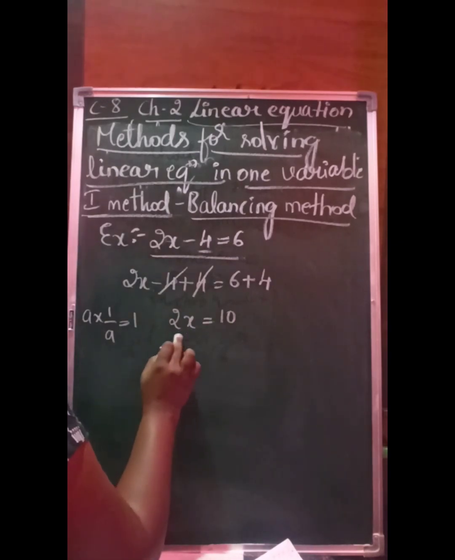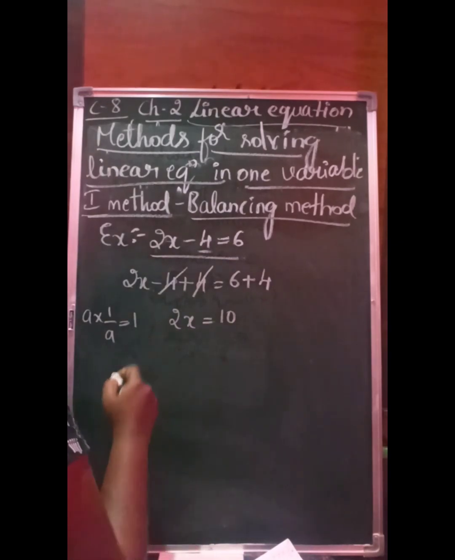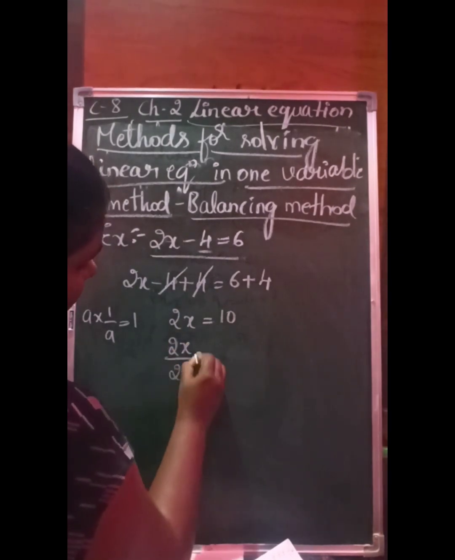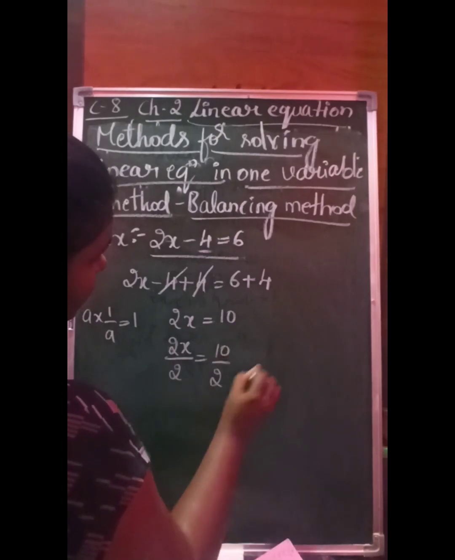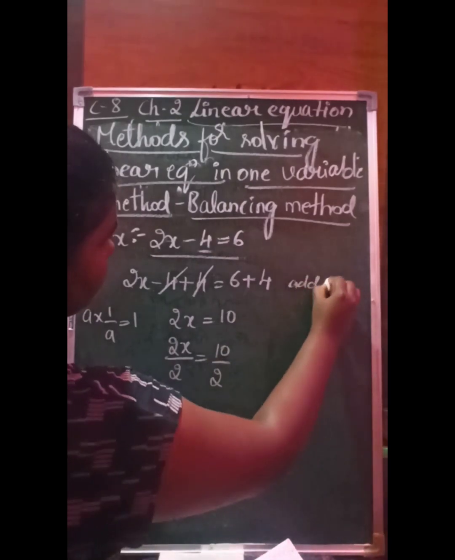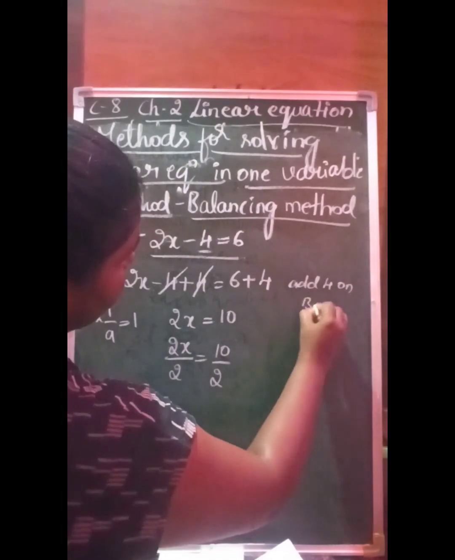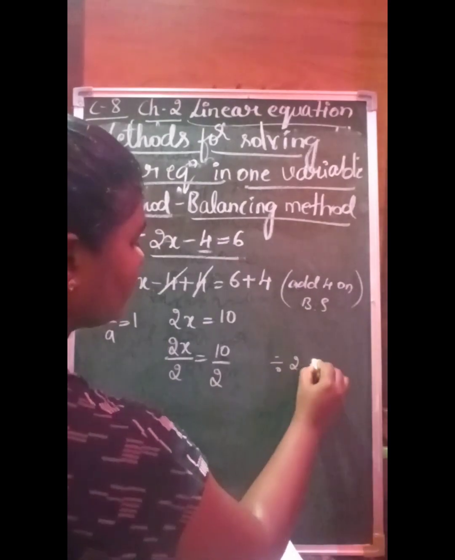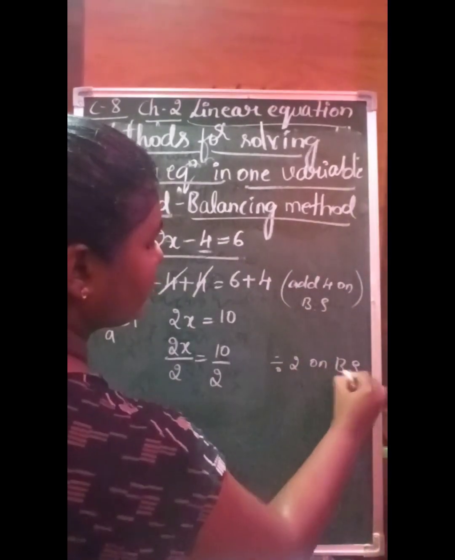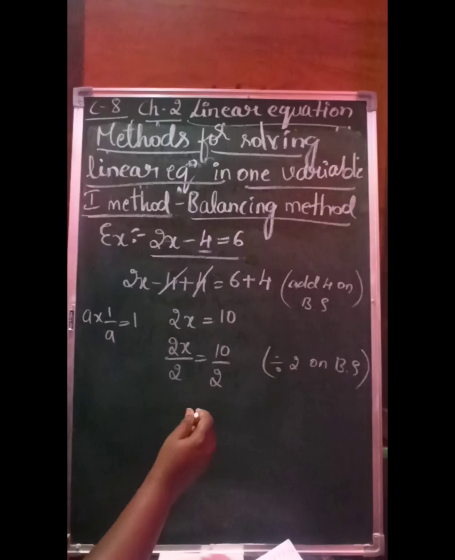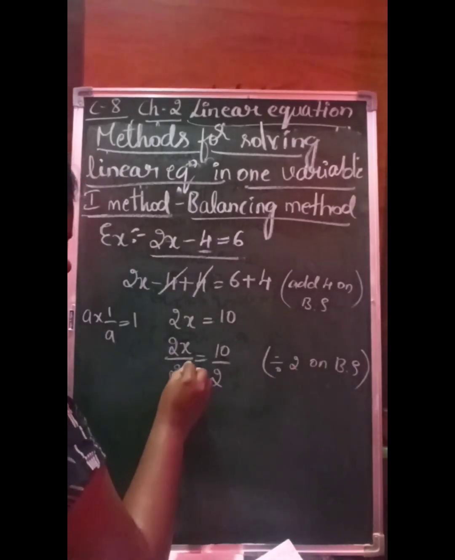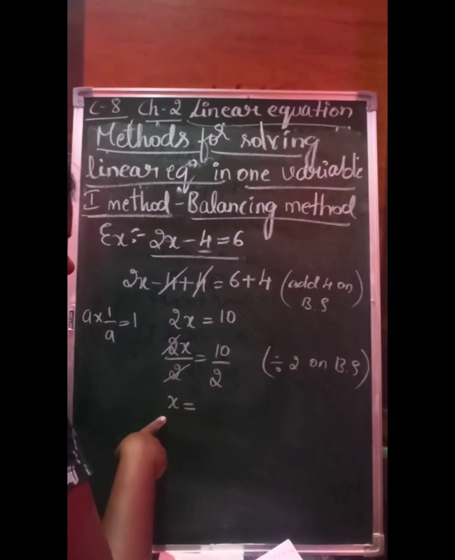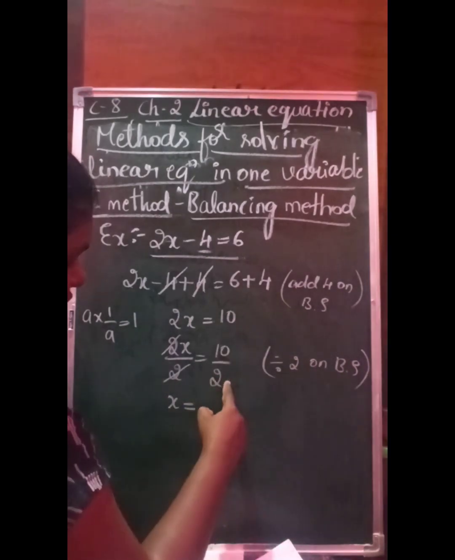So if I want to cancel 2, I have to divide by 2 on both sides. Here we added 4 on both sides. Here we divide by 2 on both sides. Now dividing by 2 on both sides, what will you get? 2 will get cancelled, you will get x on the left hand side, and here you will get 10 by 2.